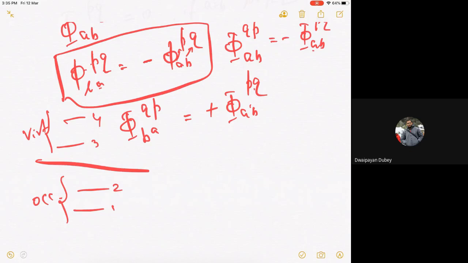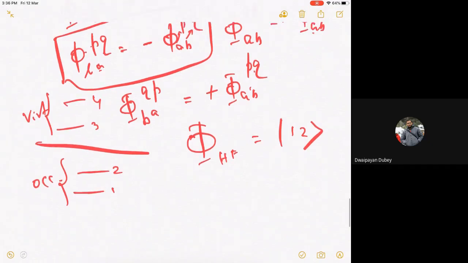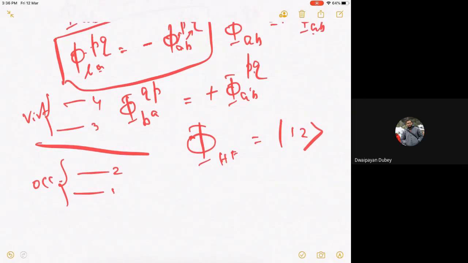So this is my phi Hartree-Fock. Let me just write down the phi Hartree-Fock as a determinant of 1, 2. Now I'm generating 1, 2 to 3, 4.